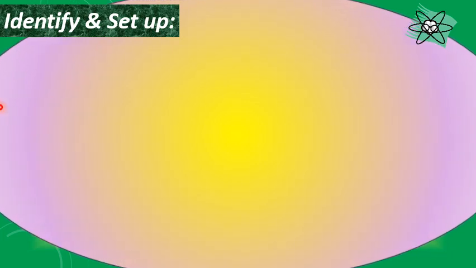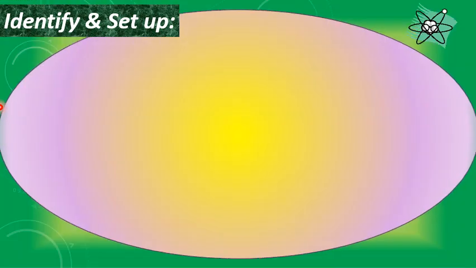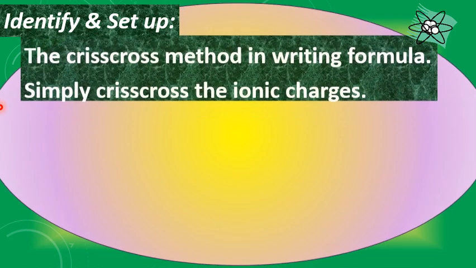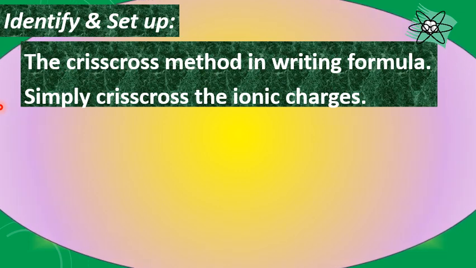To write the correct formula of ionic binary compounds consisting of a metal and a nonmetal, you must know the ionic charges of the cations and the anions. And we just apply the crisscross method in writing the formula.